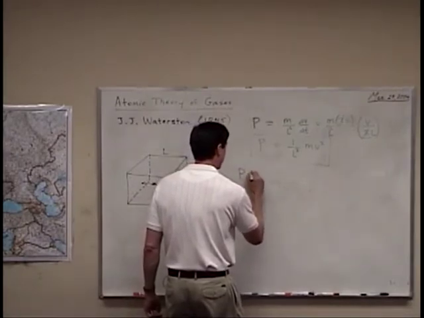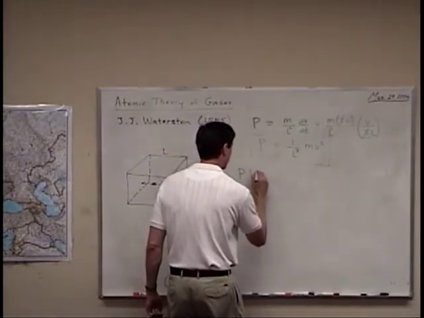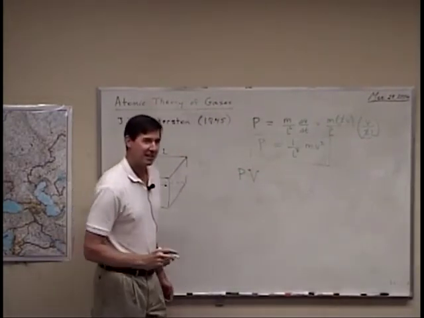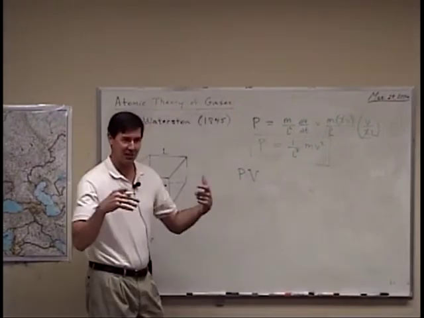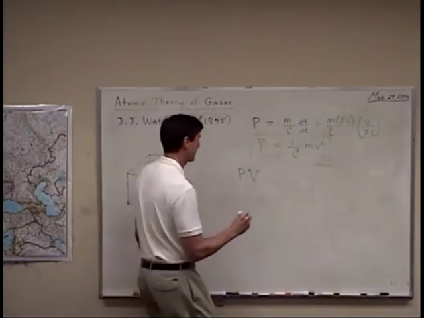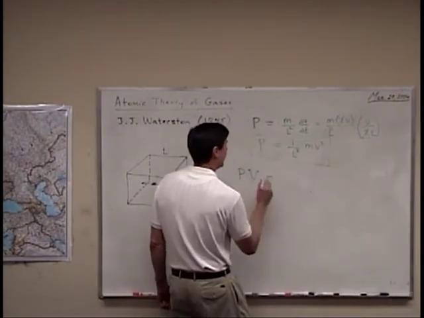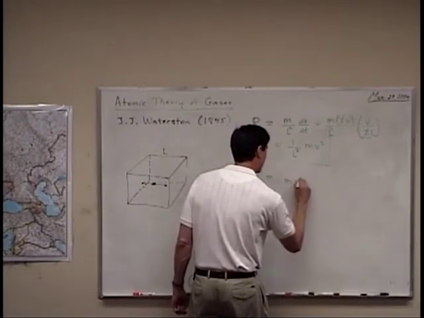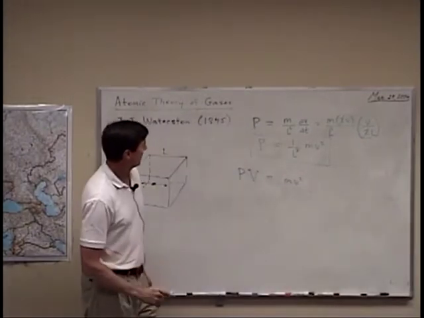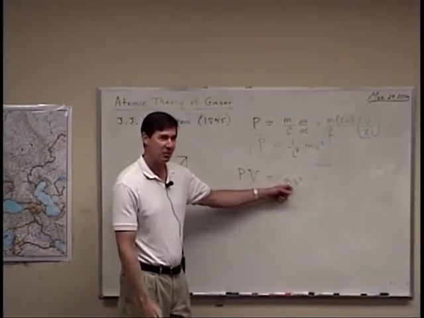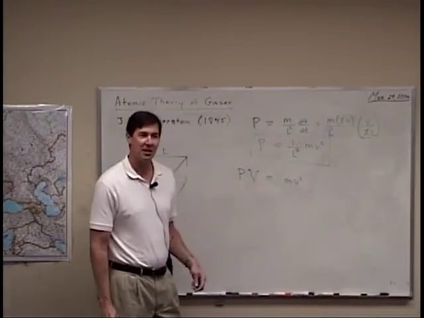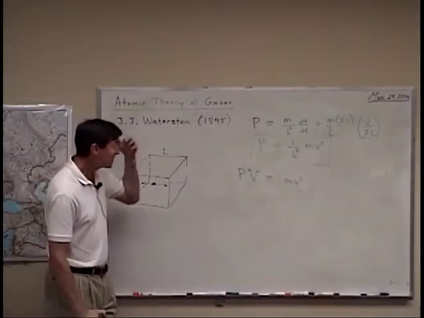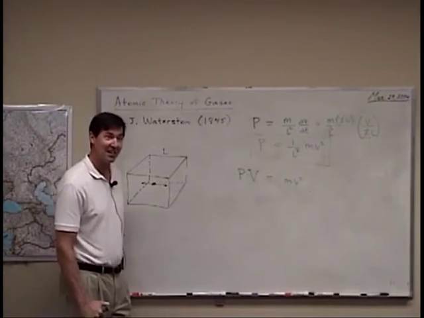Pressure times big V, I'm going to write big V like this just to make sure that you don't confuse it with velocity, equals the mass of our superball or atom times its velocity squared. Well, that's pretty nice. Nice, simple result.